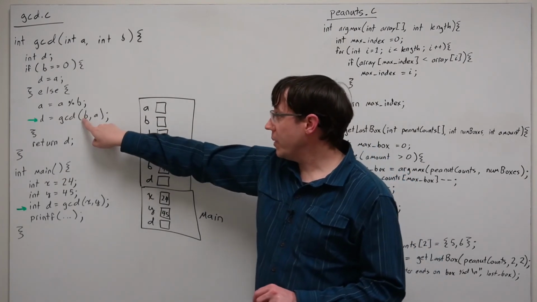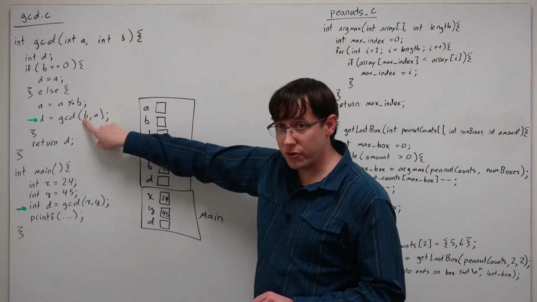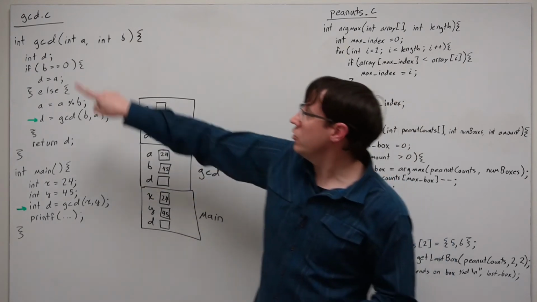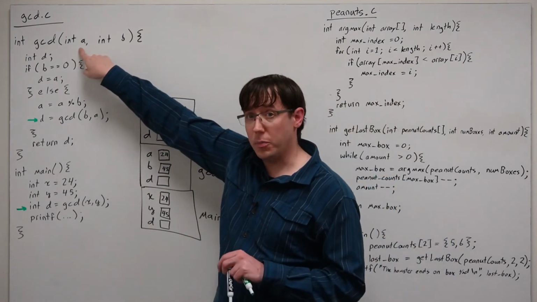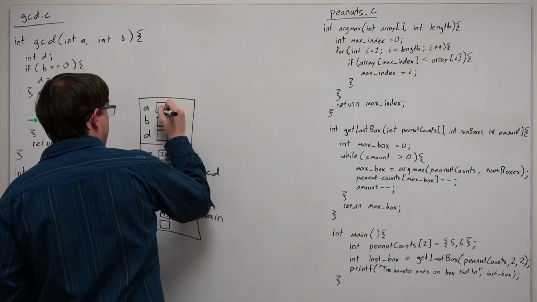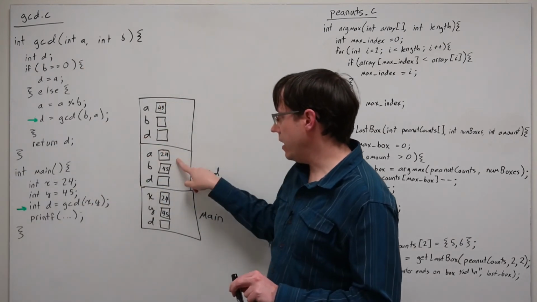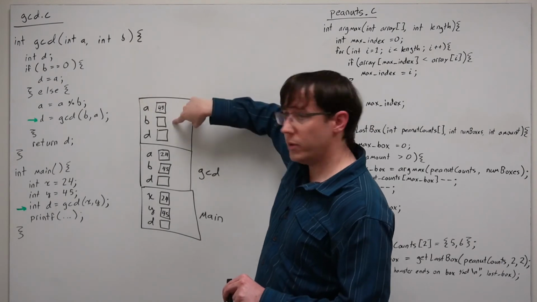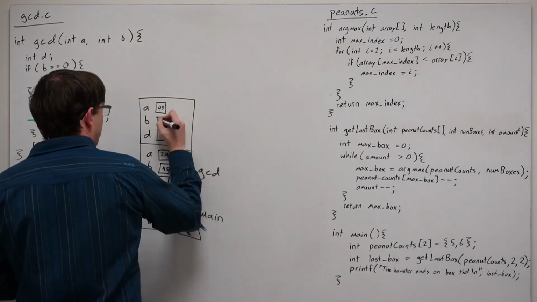And here we are passing in B as the first argument, so the value of B gets copied into the first input, which is A, and the value of A, 24, gets copied into the second input, so in this call B is 24.